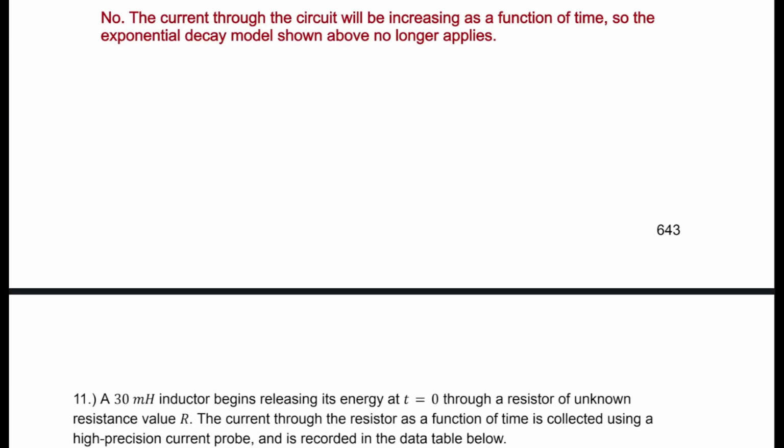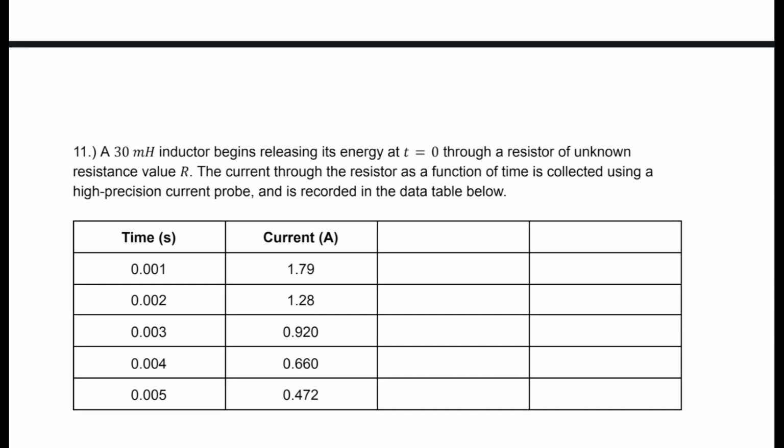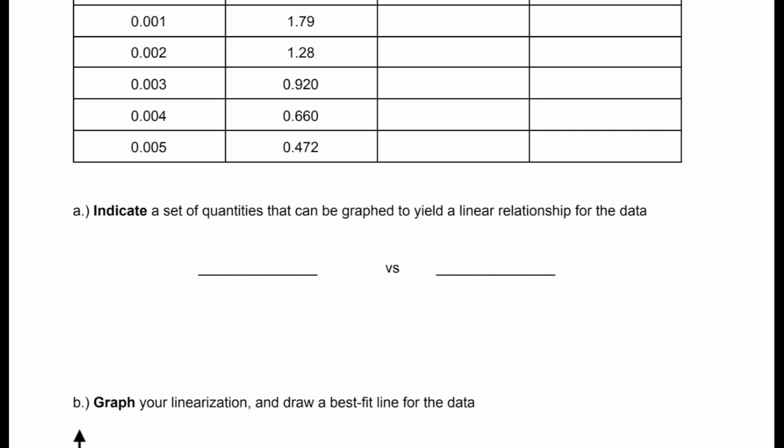So we know that because this is a decaying situation, where we have a lot of current and less current, and it's a simple circuit, we know that it follows our typical form, except it's just current this time instead of voltage. So the current through the inductor is going to be equal to the initial current times e to the minus t divided by tau. So as such, we actually can apply the exact same model we worked at in the previous problem to do this, just replacing the voltage with current here.